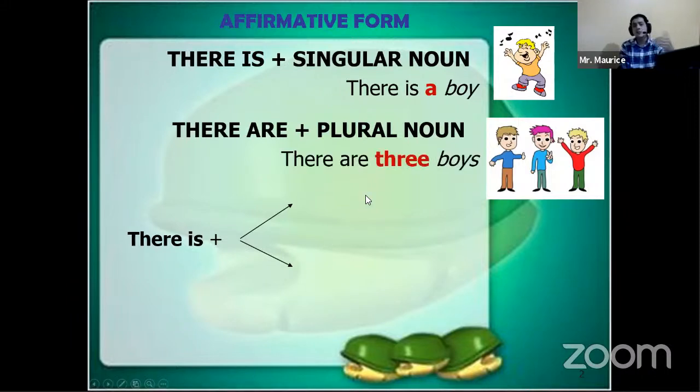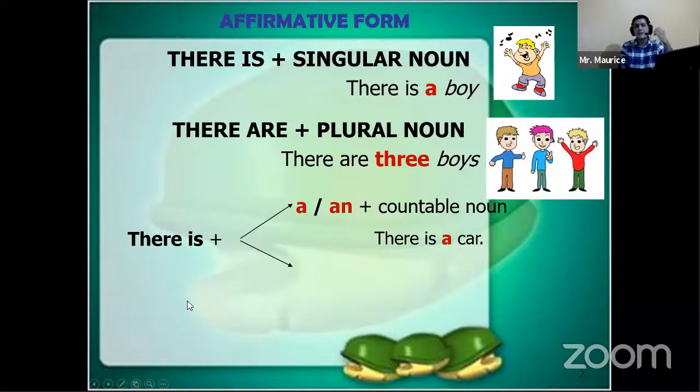But we can also use the plural form. There are 3 boys. You see the difference? Boy is a countable noun because this word has singular and plural structure. In other words, we use a countable noun with the article a or an, which means in our language, uno or una. In the same way here, there is a car.